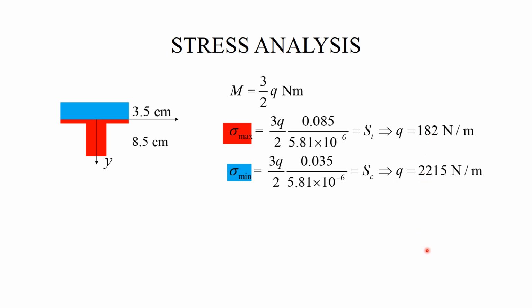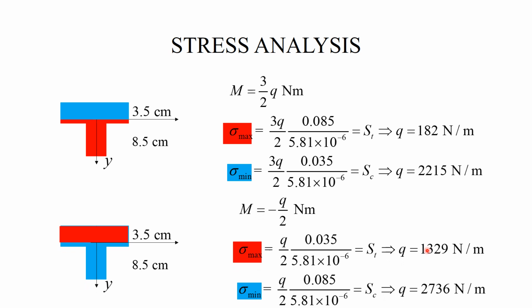I will repeat this calculation, but for the cross section where the bending moment is negative. So this is just above the supports.